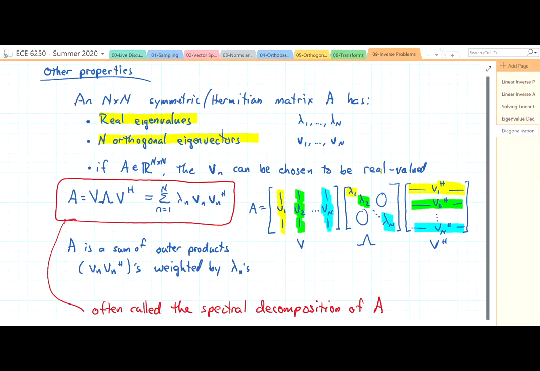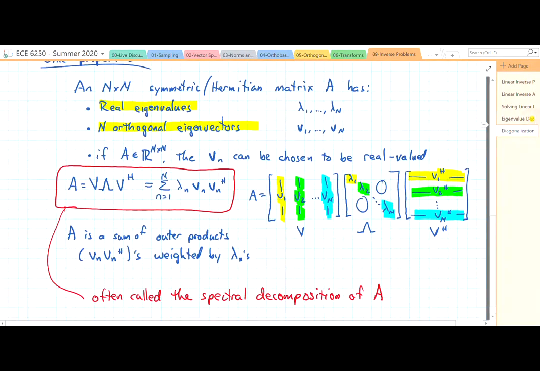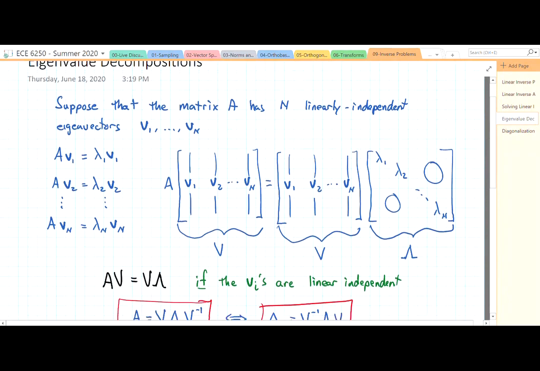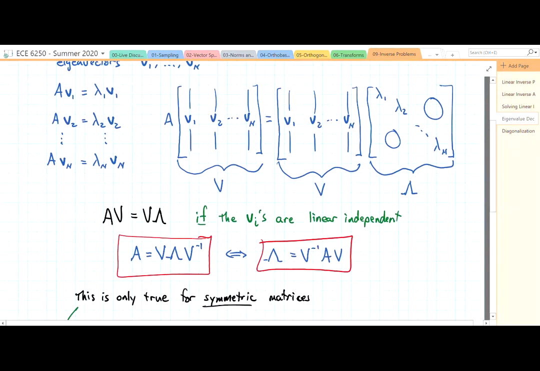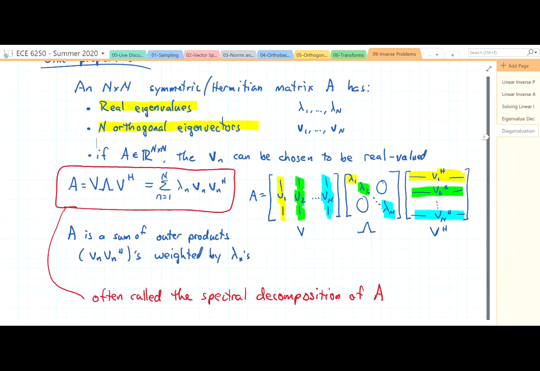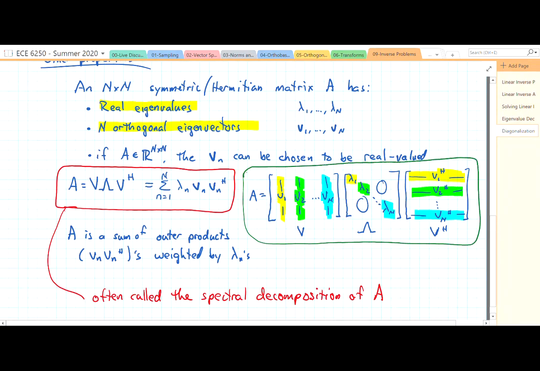Okay, based on that, let's go back to this eigenvalue decomposition that we discussed on the previous page. I've displayed it down here as a way to visualize it. The column vector v1, which is the first column of V, is always going to be multiplying lambda 1 in this particular scenario.